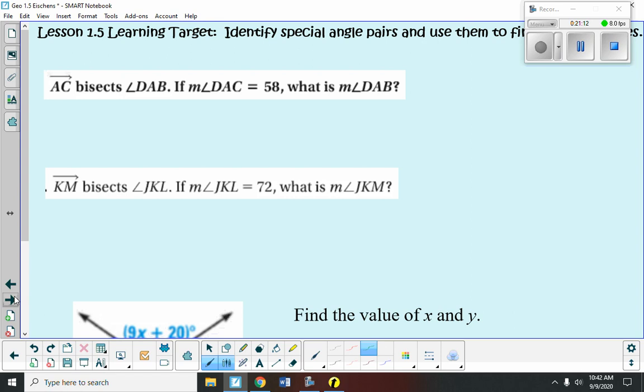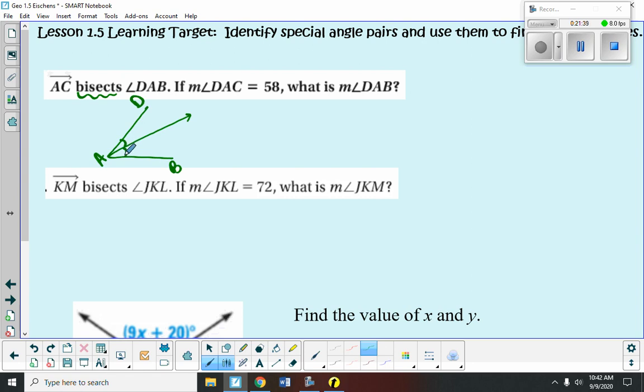It says AC bisects angle DAB. If the measure of angle DAC equals 58, what is the measure of angle DAB? Now this one I will probably want to draw. So angle DAB is getting bisected by AC. And as soon as you read the word bisect, you know that this angle and this angle are congruent.